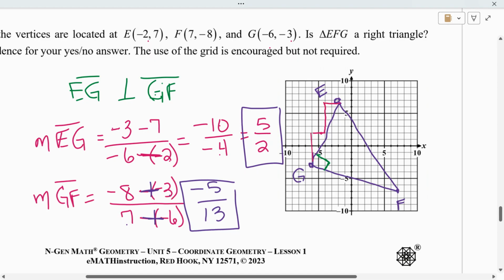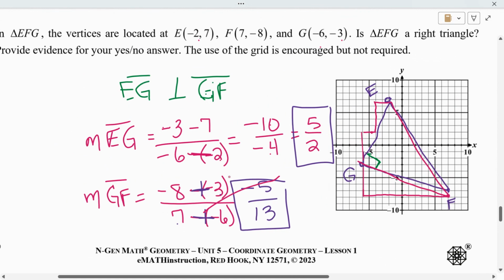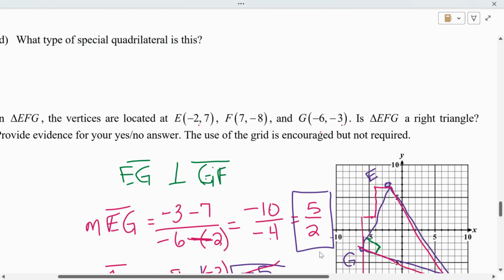This line has a slope of down 5 over 13. I didn't draw that one perfectly, but they're still not perpendicular. Still not a right triangle. So yes or no? Well, no, because the slopes are not opposite reciprocals. Okay. So those are your hints for 4.2 homework.